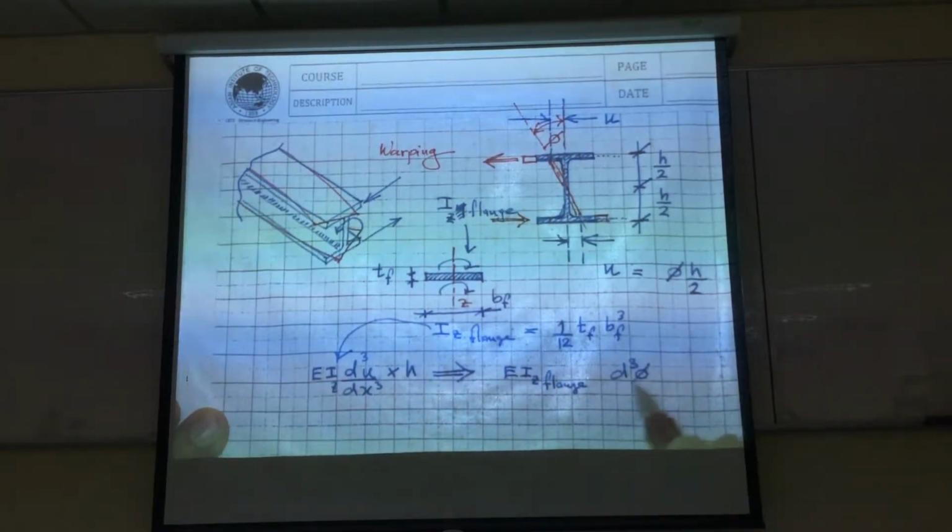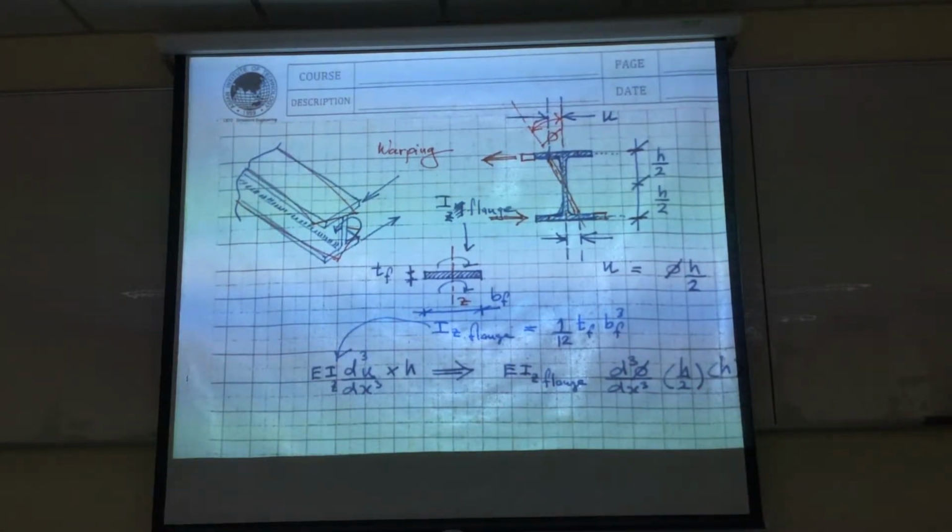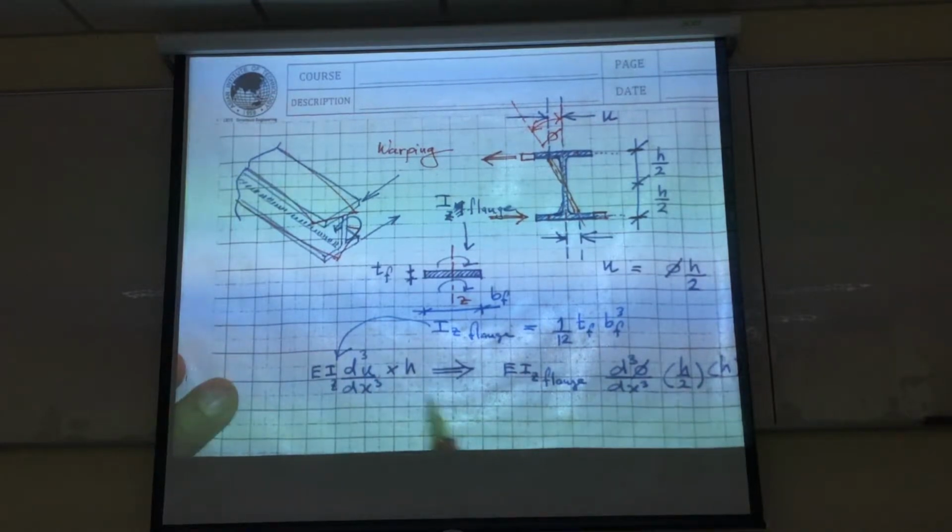So the third derivative of phi with respect to x cubed, multiplied by h over 2 and multiplied by h back there, right? This is that h.